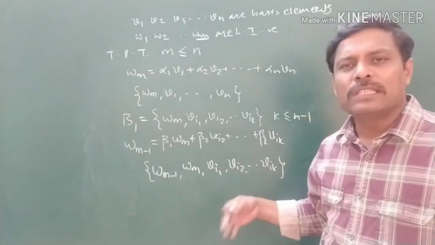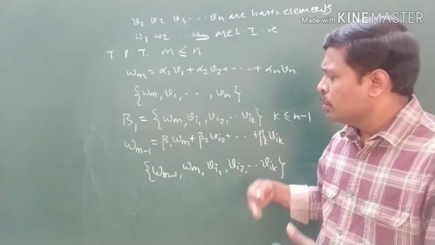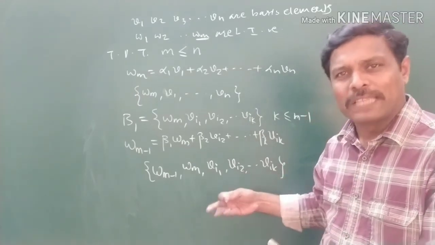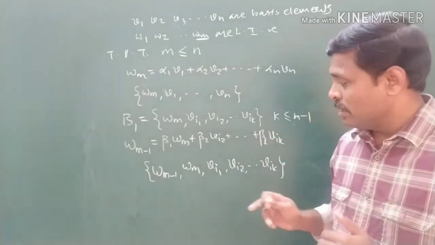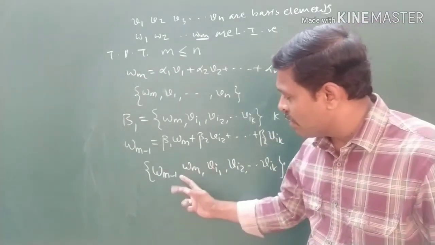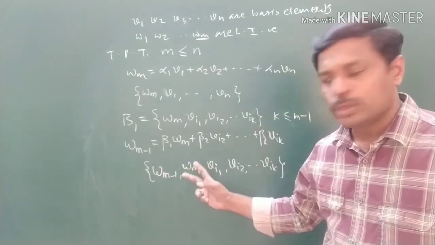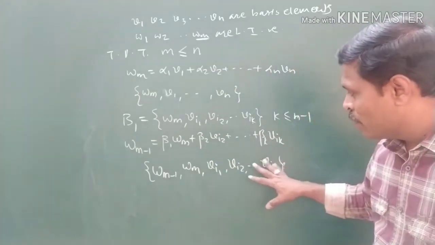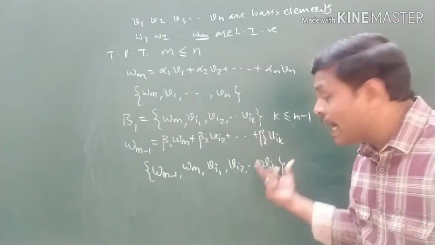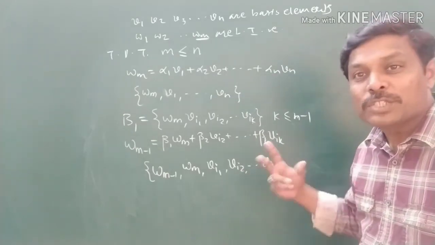So continuing in this way, we will construct B2, B3, B4 like that. What is the concept behind this? If you see here, we have added two vectors from the W's at the cost of having to escape at least two elements from all the V's.